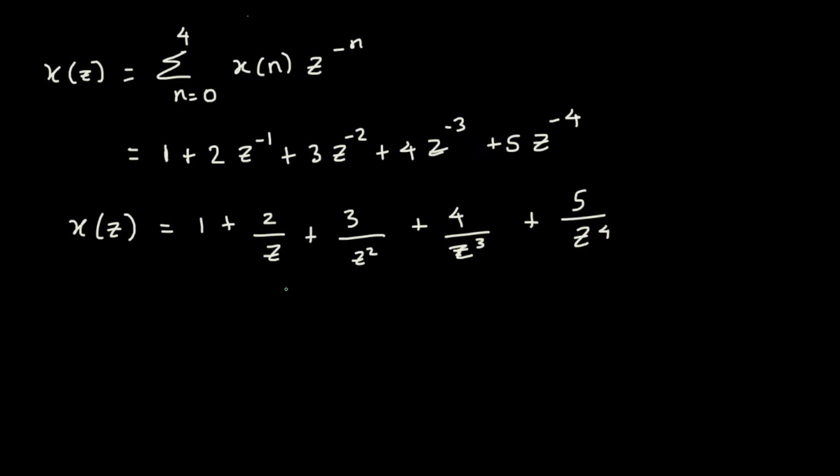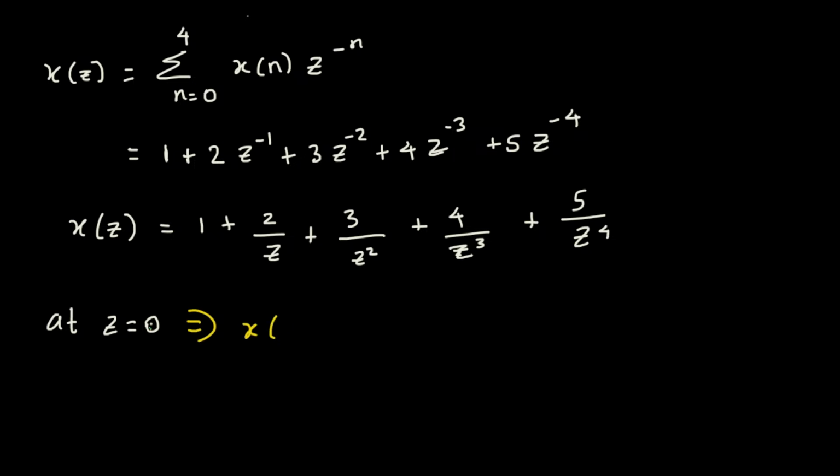Whenever we are dealing with a signal like this, we just apply 0 and infinity, because those are the only crucial points. We have to see what's happening to the region of convergence. If I start with 0 and apply 0 for the z's, what will happen?